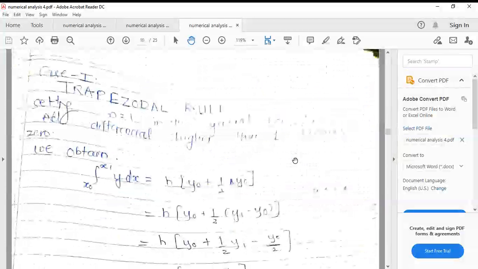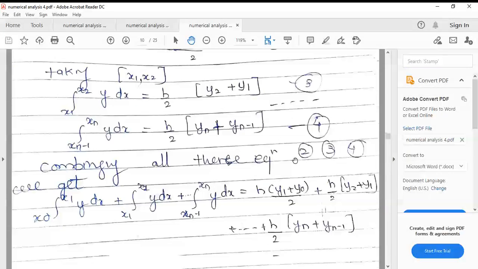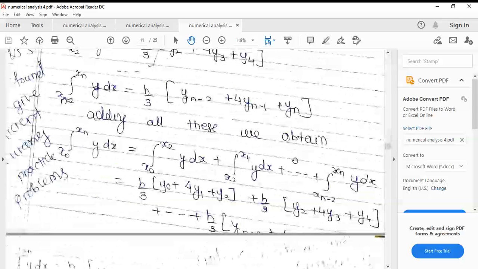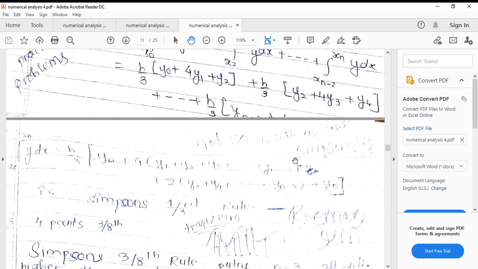Then we will see the cases of the trapezoidal rule and Simpson 1/3 rule. In the trapezoidal rule, we will see why it is called the trapezoidal rule, what the geometry behind it is, and how you get the area under the given curve. Then we will see what Simpson 1/3 rule is and how to apply the geometry behind it, which we will see in the next lecture.